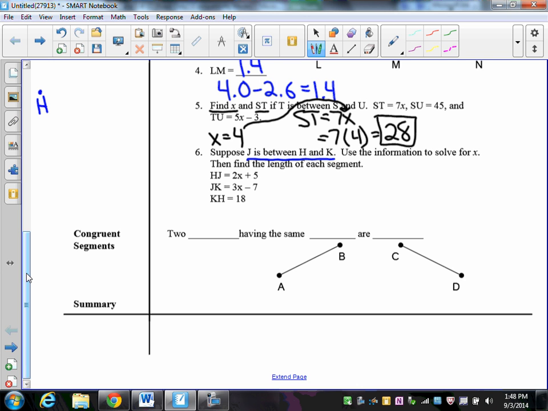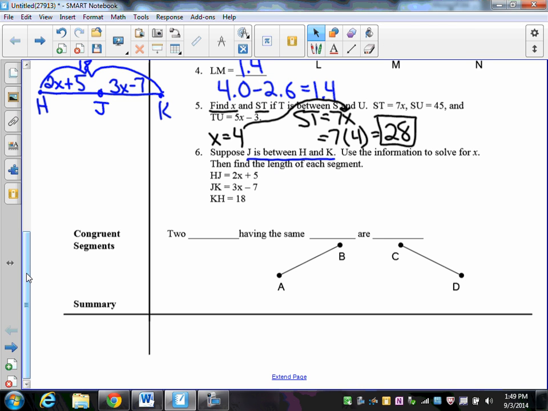Again, H and K are my endpoints, and J is between it. So I just fill in these numbers. HJ is 2x plus 5. JK is 3x minus 7. And KH, so I go K to H, is 18.